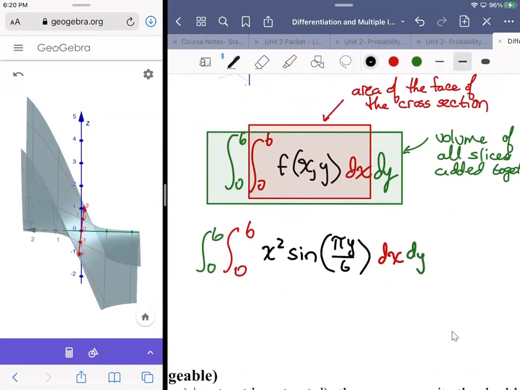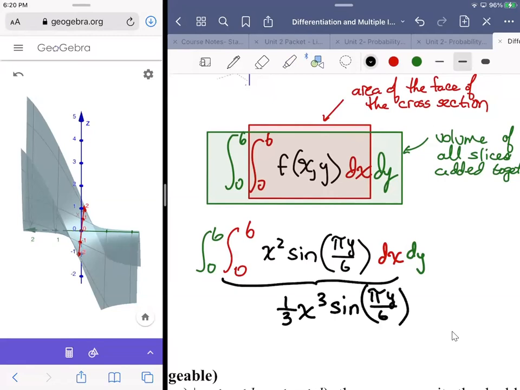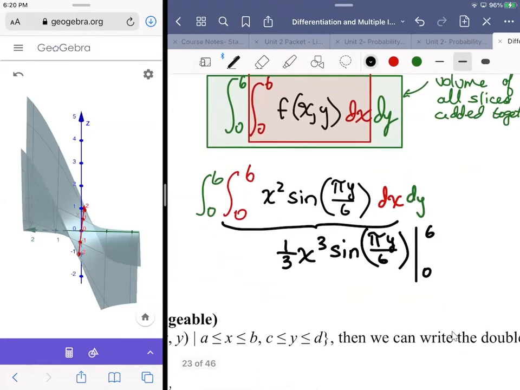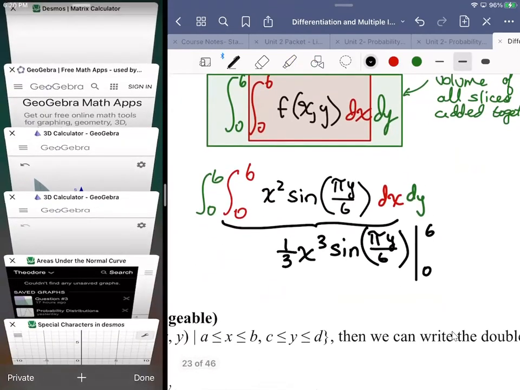Right? So I'd be looking at this as being 1/3 x cubed sine pi y over 6 over the interval of 0 to 6. Popping in the 6 makes it simplify pretty significantly.